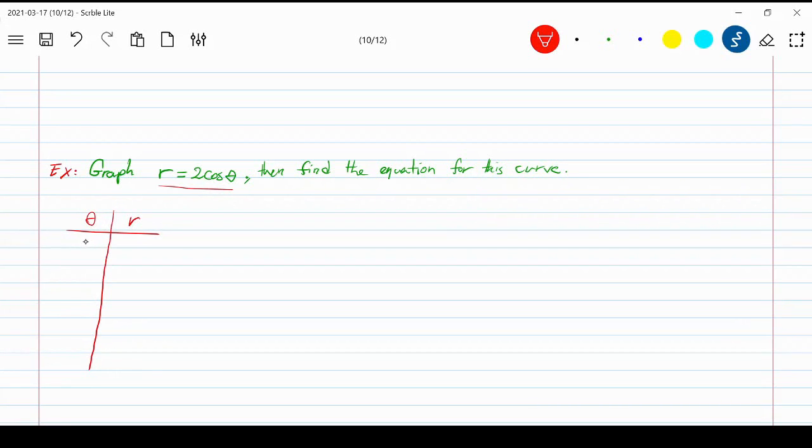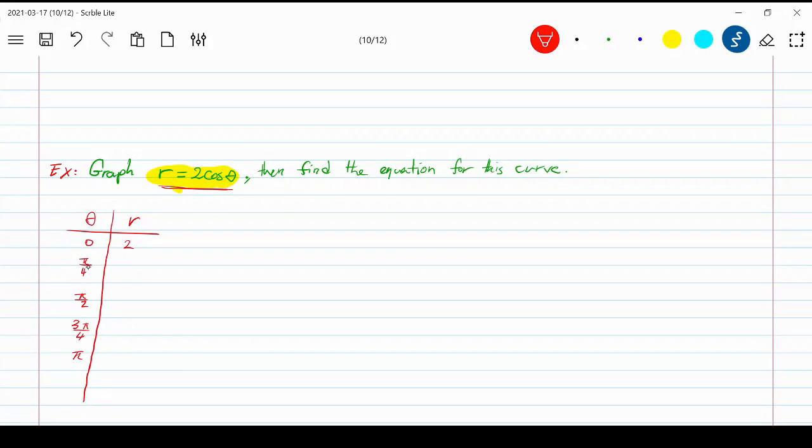Theta is given, let's say, 0, pi over 4, you can start with small numbers, pi over 2. I'm going to be a bit lazy and write 3 pi over 4, pi, and you can continue. So if theta is 0, what is cosine of 0? I'm replacing it into this equation. So the radius would be simply 2 times cosine of 0, which is 1, so you will get radius 2.